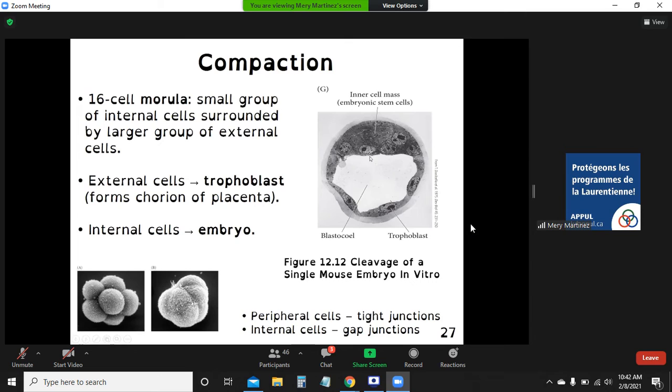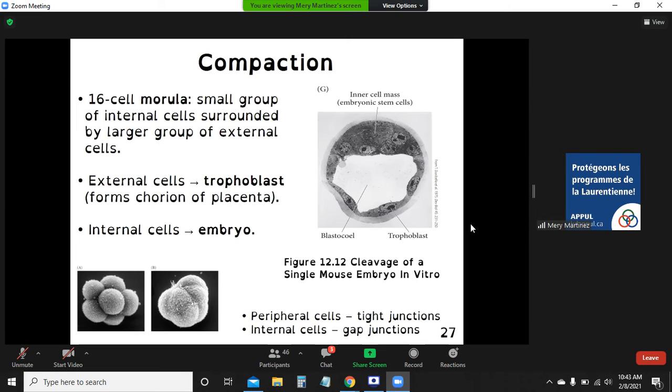And we see that most of the cells adjacent to the external cells become what we call the trophoblast or the trophectoderm. That's a word that every time I have, I need to think twice before I say it, okay? So we have the trophoblast on the outside, that is the trophectoderm. And then we have the inner cell mass, or ICM, okay?